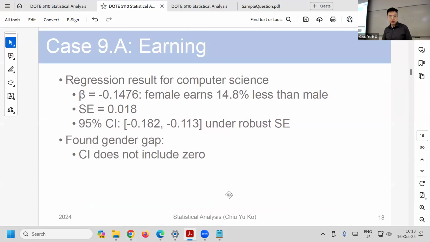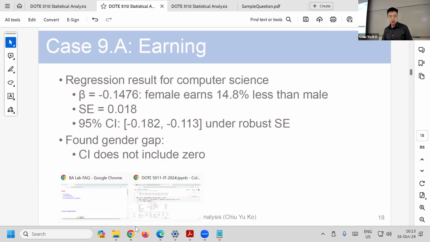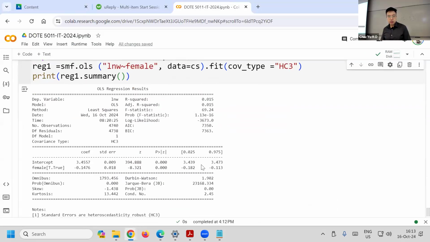So this is the point estimate. We also want to look at the interval, so look at the CI. It's between 11% to 18%. So in the US case, being a female, you earn 11% to 18% less when you go to the job market.